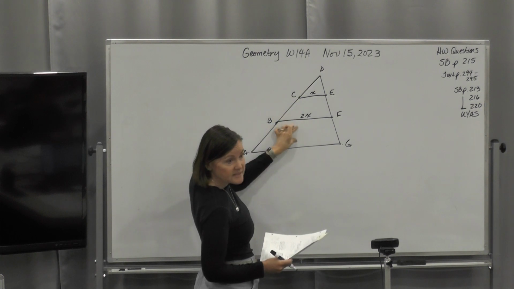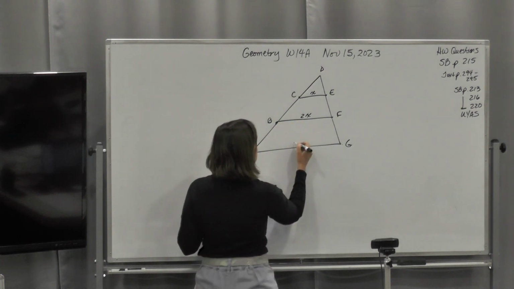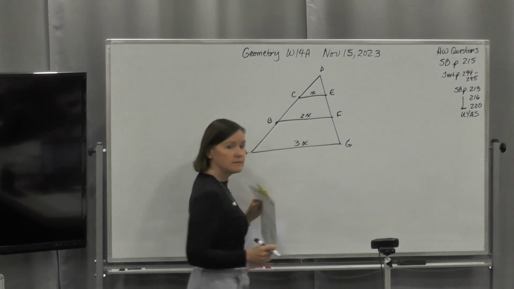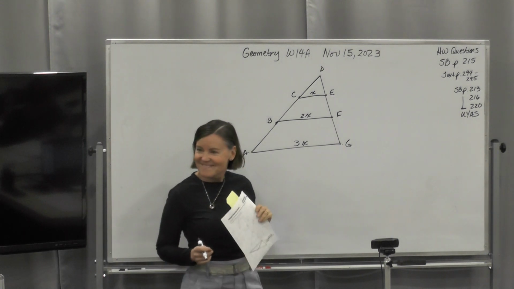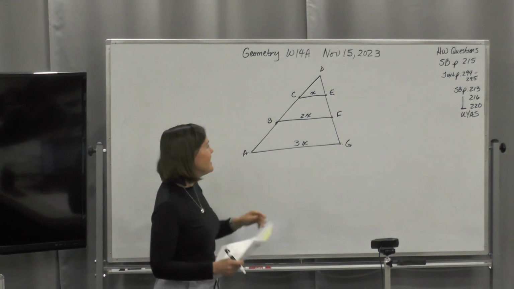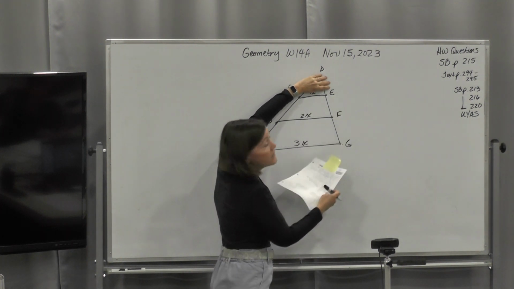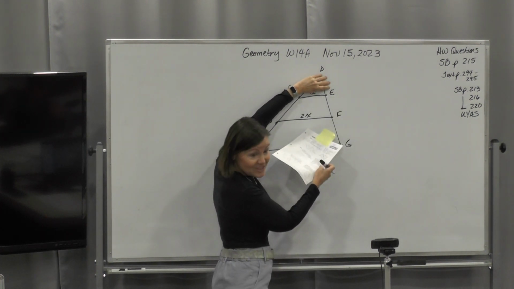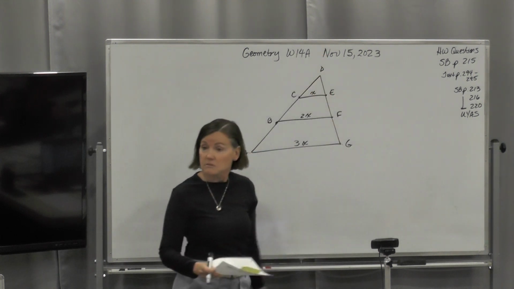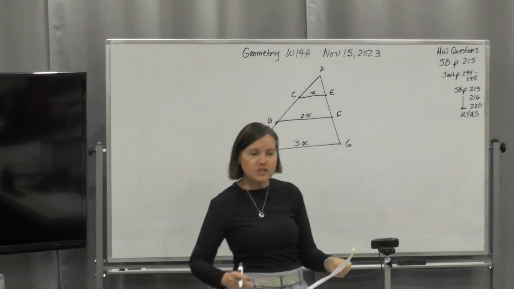So this distance has to be an x, therefore this has to be 3x. And notice, looking at the trapezoid, x plus 3x is 4x, half of that is 2x, right? It's consistent. So I know that much.